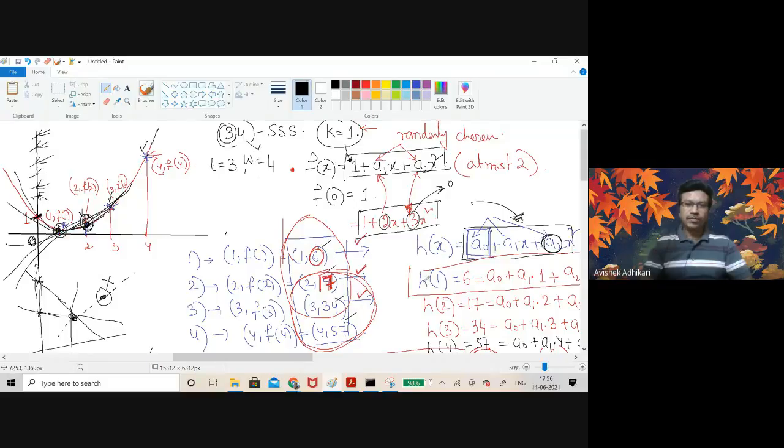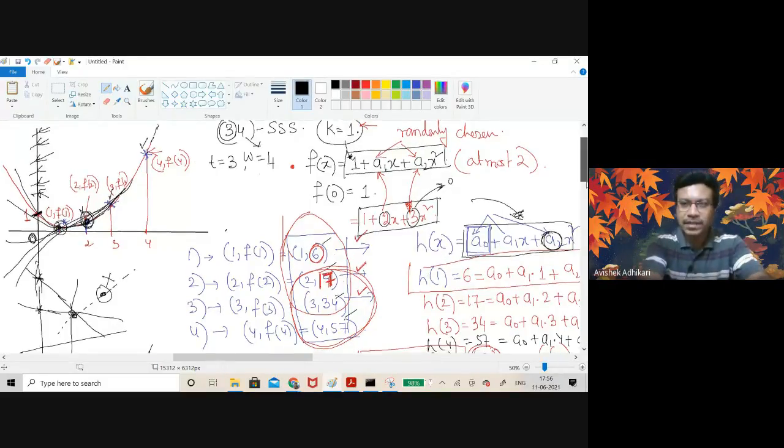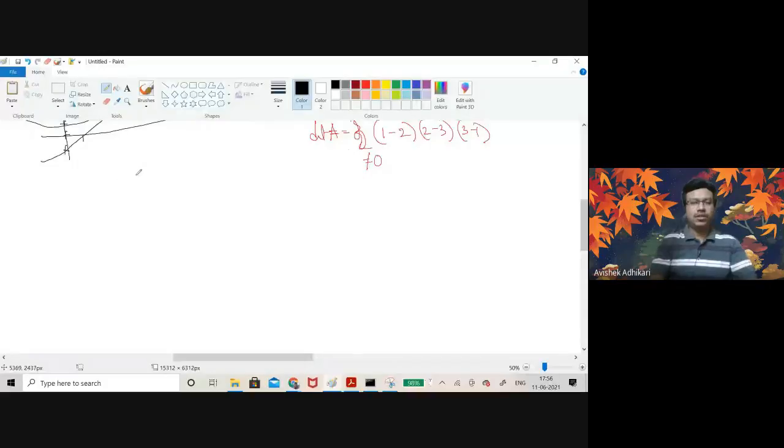The idea behind this is that if you have 3 variables, say A0, A1, A2, and suppose 2 of them come, first and second participants, then they will know F1 and F2. That means they are able to construct only 2 equations, not the 3 equations of the form A0 plus A1 times 2 plus A2 times 2 squared.